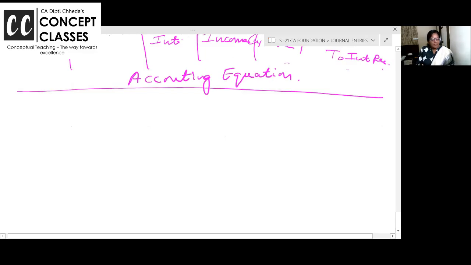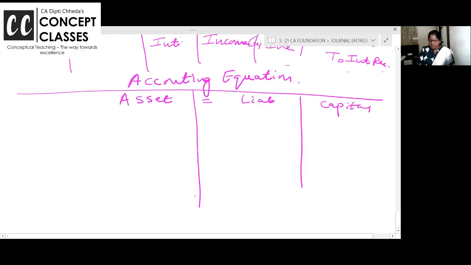What is there? Bank balance is there, furniture is purchased. Asset is equal to liabilities and capital. Asset is equal to liabilities and capital, right?